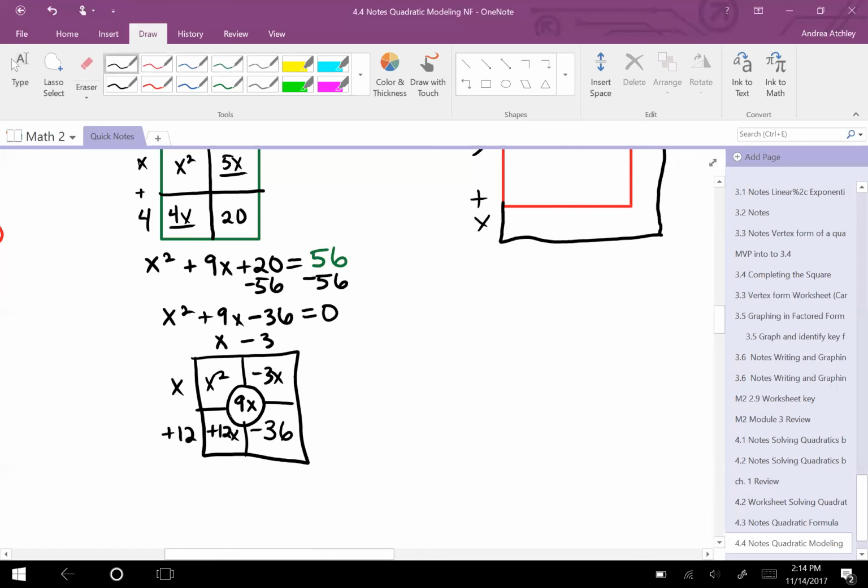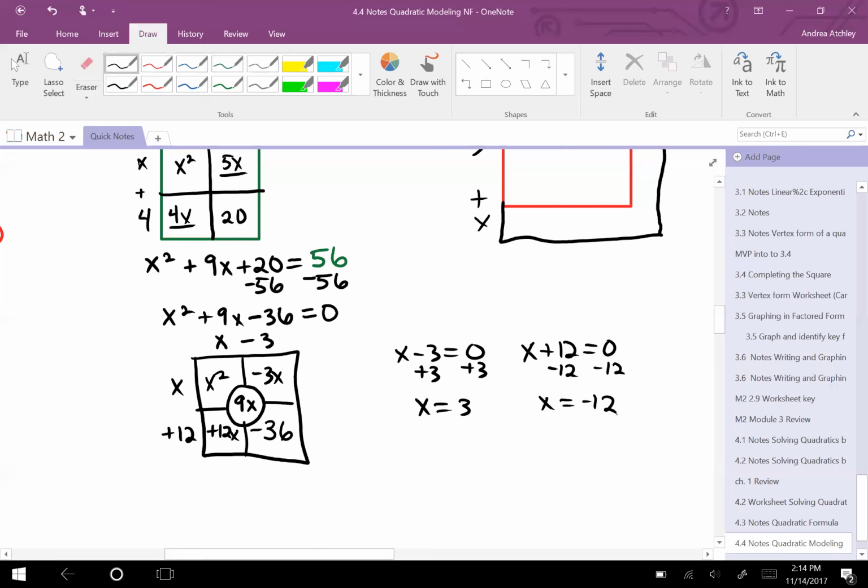We're good. Okay, so then we have x minus 3 equals 0, and then x plus 12 equals 0. Add the 3. And I get x equals 3. Subtract the 12. And I get x equals negative 12.